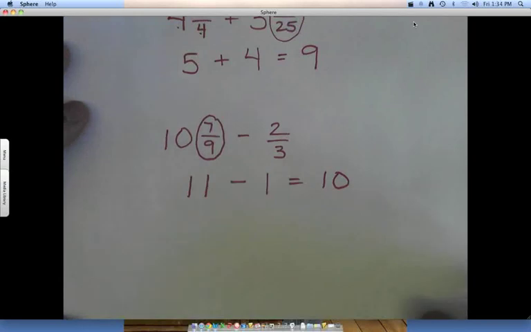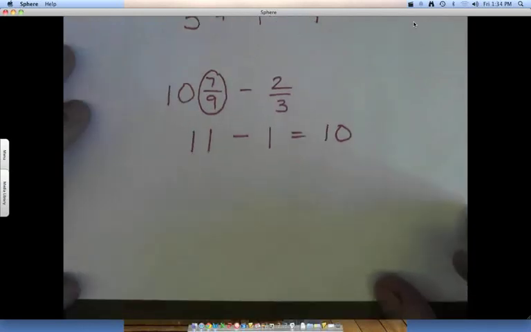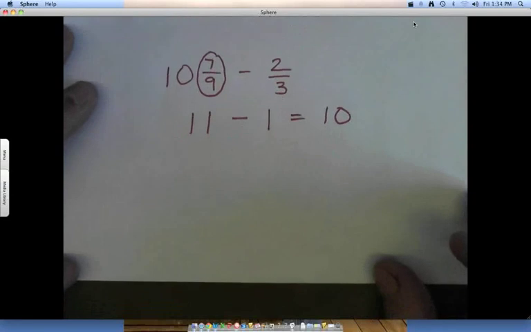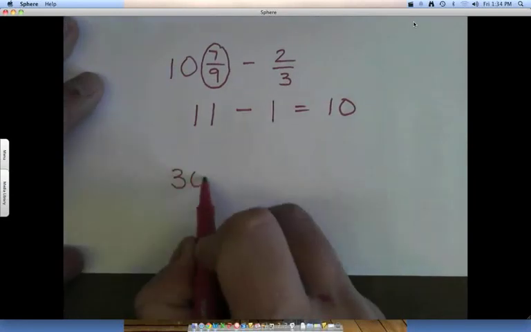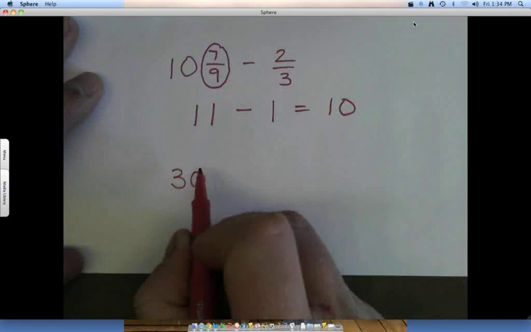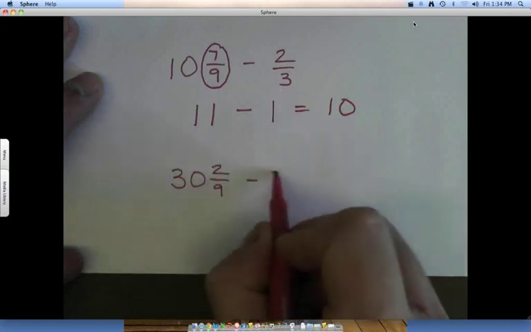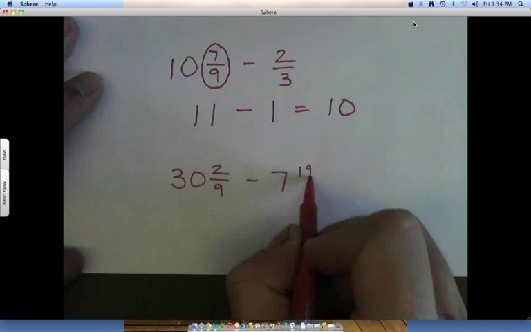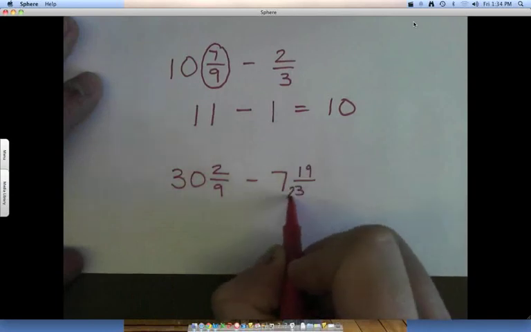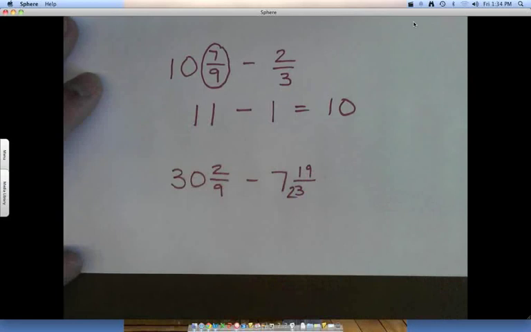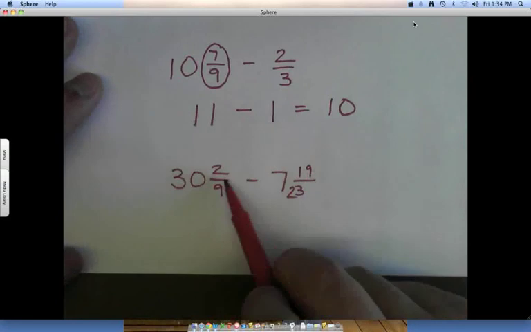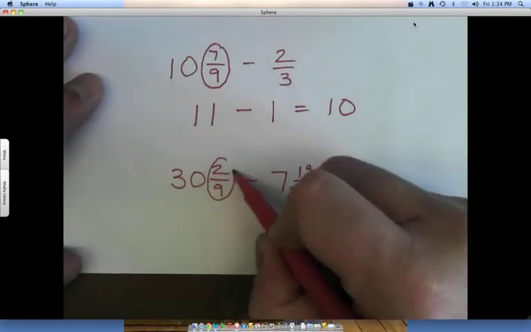One more example using difference. Let's do a large number, 30 2/9 minus 7 19/23. Again, look at the fraction part of my mixed number.